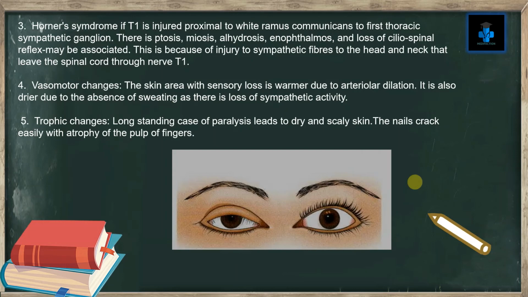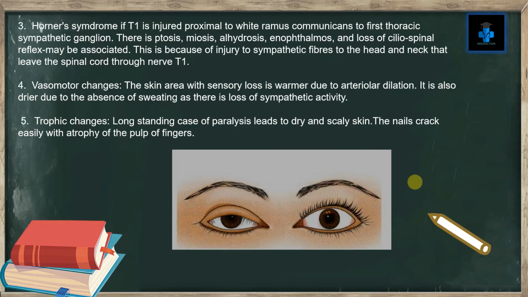This is because of injury to sympathetic fibers to the head and neck that leave the spinal cord through nerve T1. Vasomotor changes: the skin area with sensory loss is warmer due to arteriolar dilation. It is also drier due to the absence of sweating as there is loss of sympathetic activity.